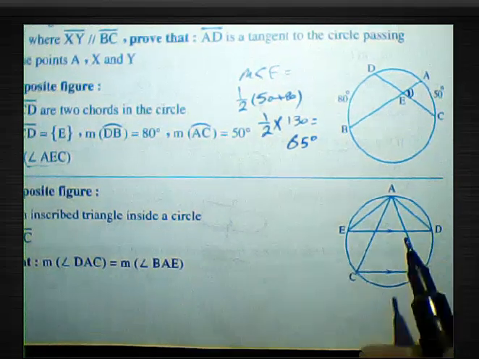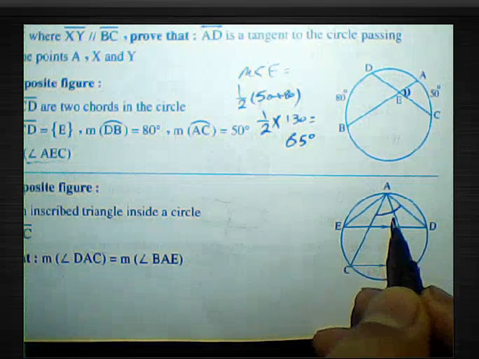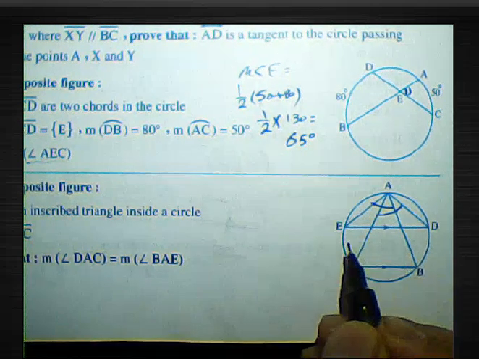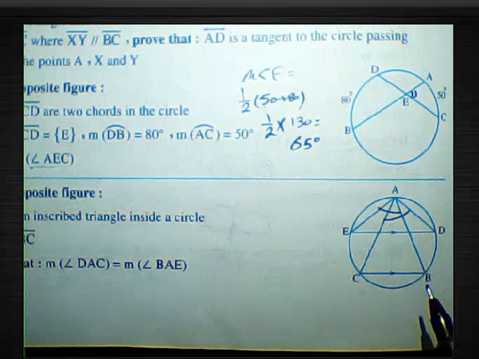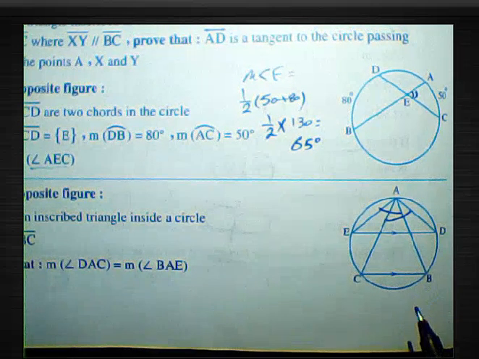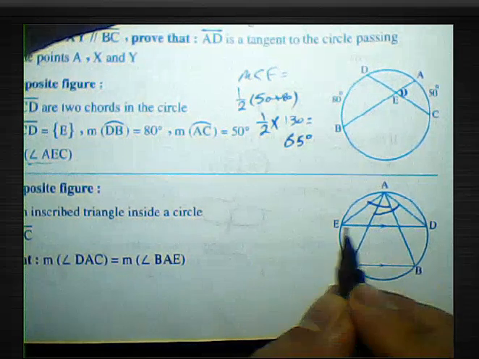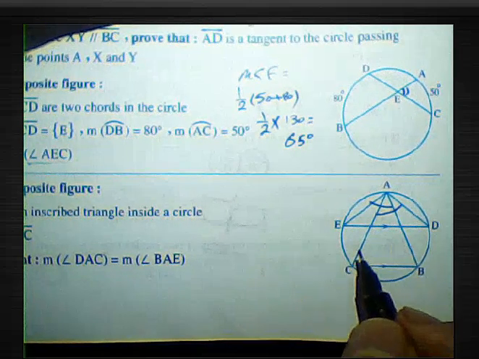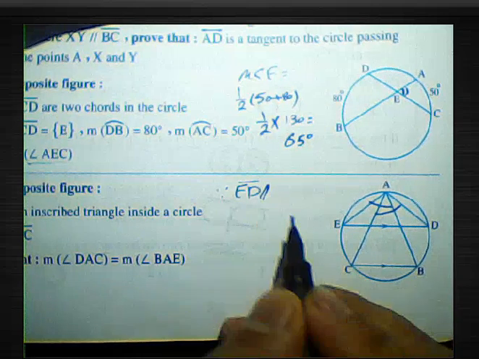DAC, what proves that this angle equals the measure of angle EAB or BAE? Okay, we can prove that by two parallel chords, such that ED is parallel to CB.